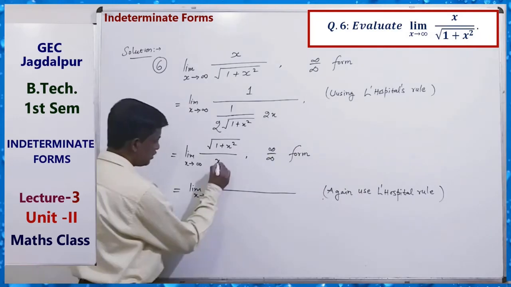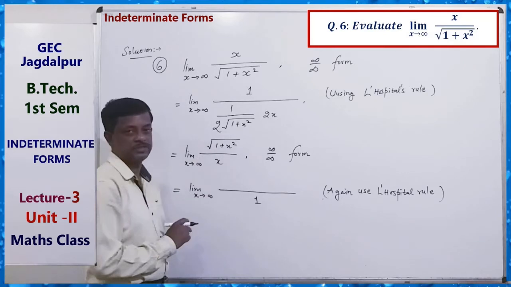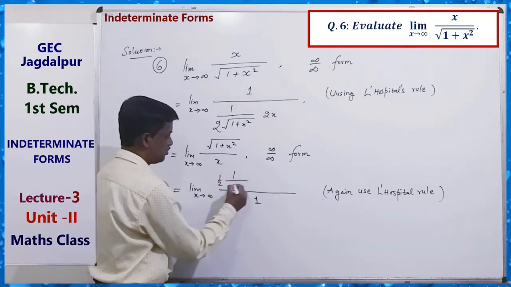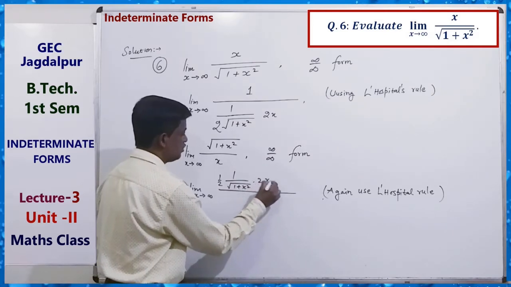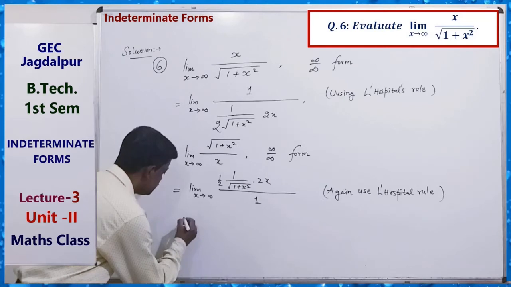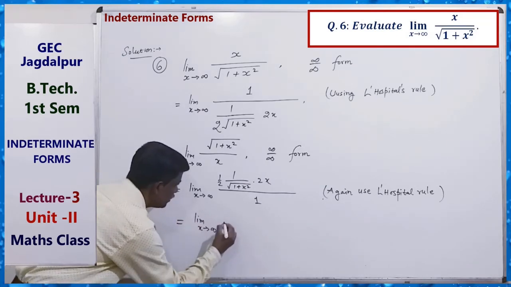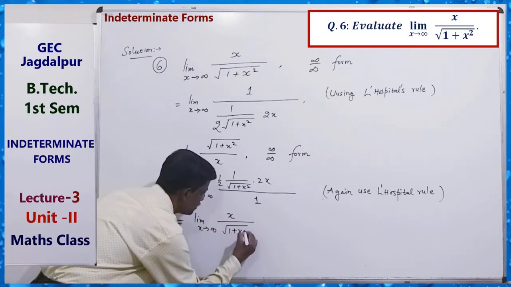We get 1 for the differentiation of x, and for the other, 1 upon root of 1 plus x square into 2x, the 2 cancels. So it can be written as limit x tending to infinity of x upon root over 1 plus x square.